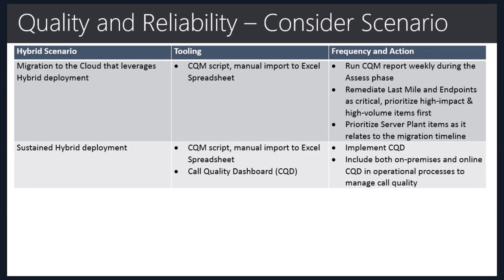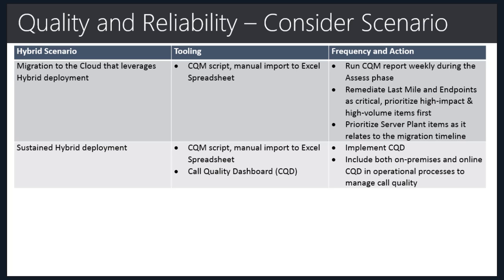Similar to the key health indicators, we need to consider the scenario. If we want to establish hybrid for the purpose of moving people to online rather fast, there's only a subset of data that is relevant to you.